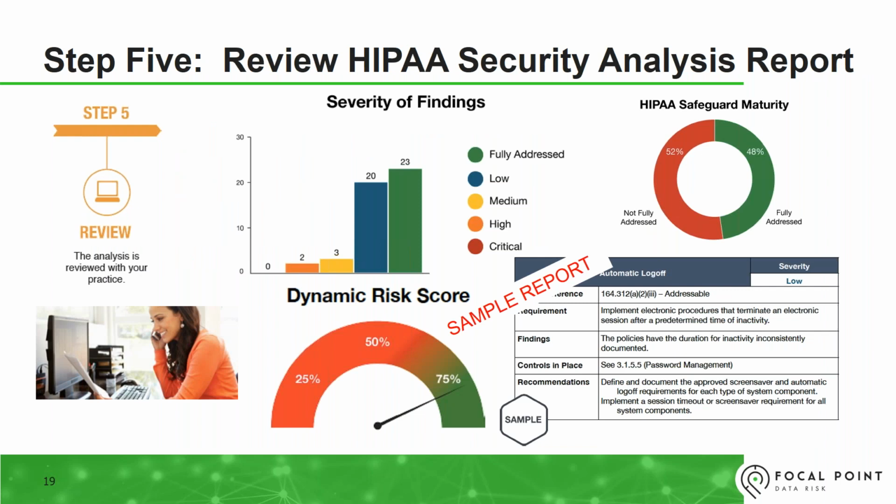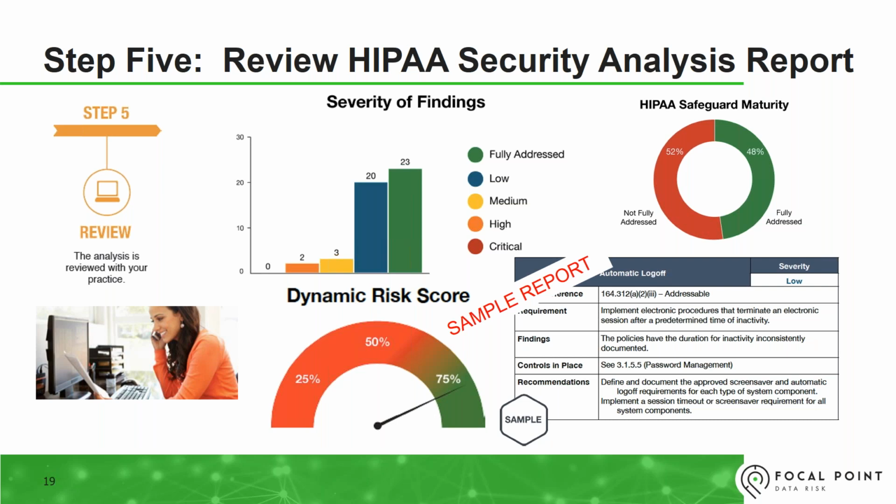And the report has a few different features in it. One, it provides details into those specific observations and findings, or gaps, as you might call them. But then it also provides dashboard capabilities and a dynamic risk score that help you understand where those critical risks are, and where things are fully addressed or not fully addressed, knowing that you might always have some risks. You might never get to 100%, but the goal should be that you get that risk score to an acceptable level, as deemed acceptable to your organization, but usually in the upper quadrant of that scoring scale.